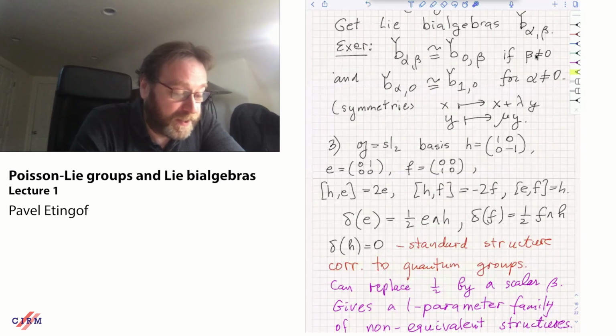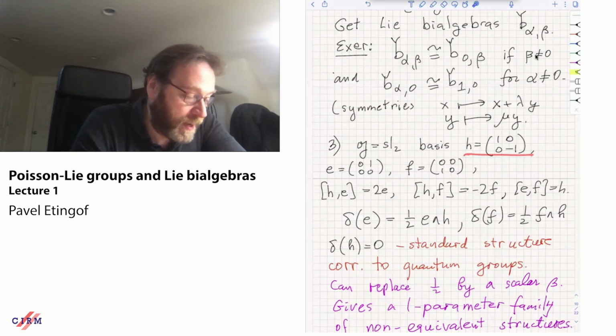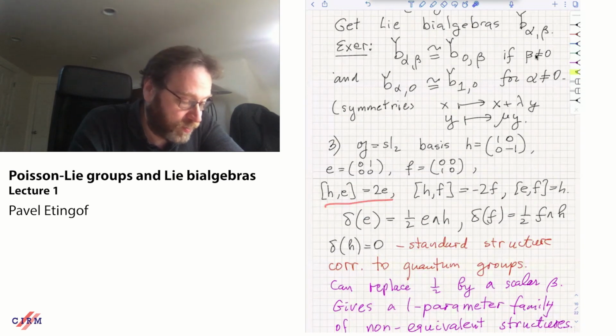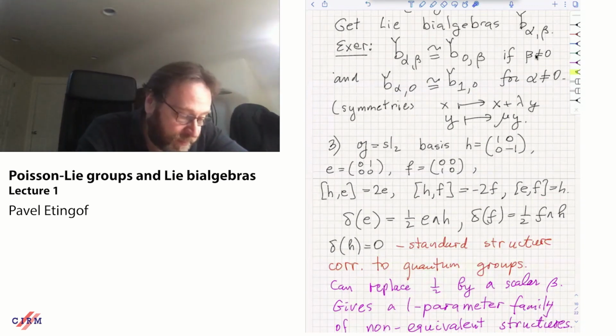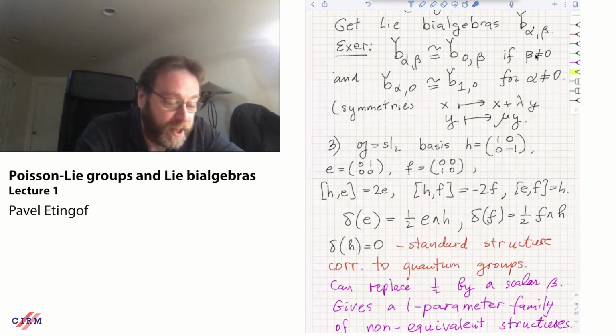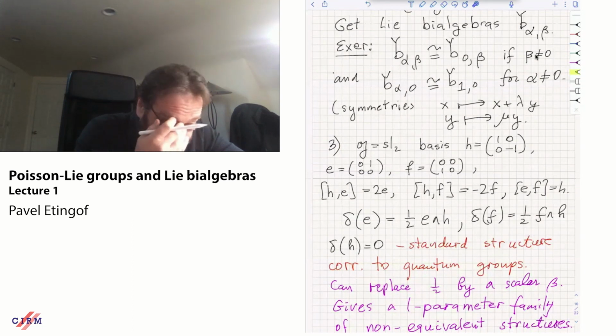It has a basis H, E, and F, the standard basis, with the usual commutation relations: [H,E] is 2E, [H,F] is minus 2F, and [E,F] is H. And then you can define the cobracket by the following formulas. Delta of E is 1/2 of E wedge H, delta of F is 1/2 of F wedge H, and delta of H equals 0. This is called the standard Lie bialgebra structure.